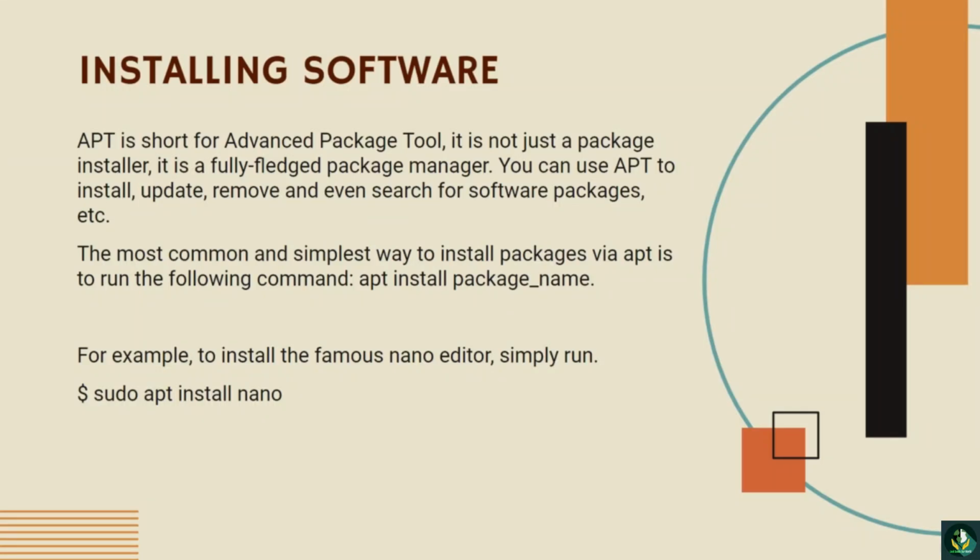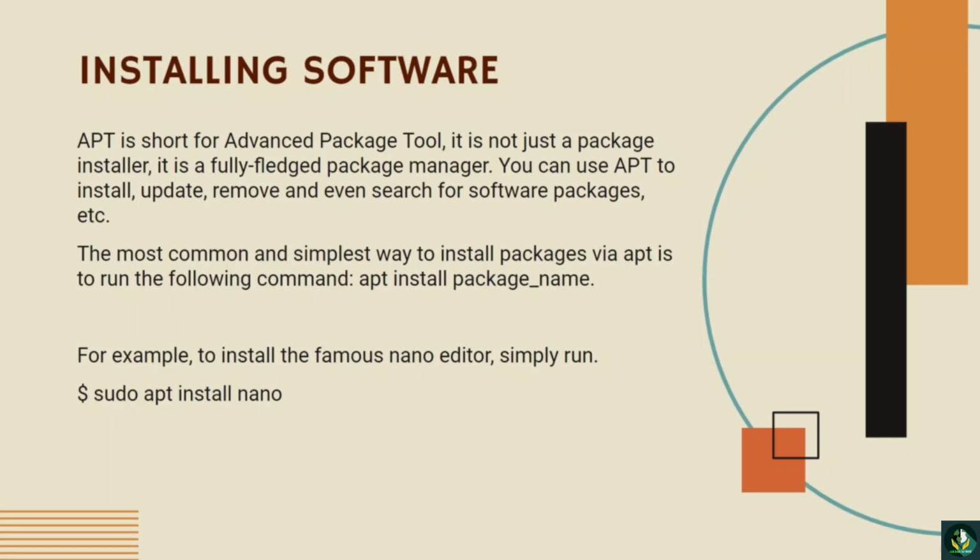The most common and simplest way to install packages via APT is to run the command apt install package name. So let's see how to install nano. Nano is an editor. If we compare with Windows, it is kind of like Notepad.